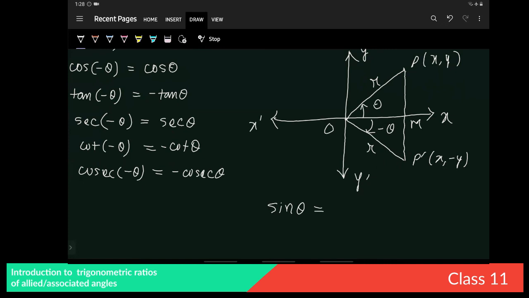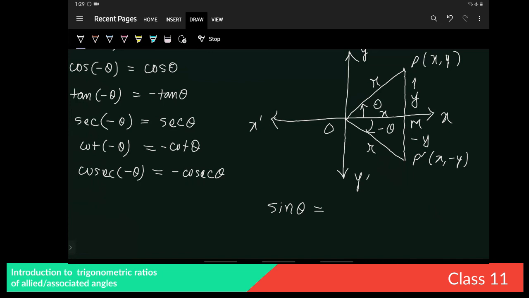Sine theta means perpendicular. What is the distance of OM? Here x, because the coordinates of p are x comma y. So OM is x and PM is y. And in this triangle p dash OM, OM is x and p dash m is minus y.